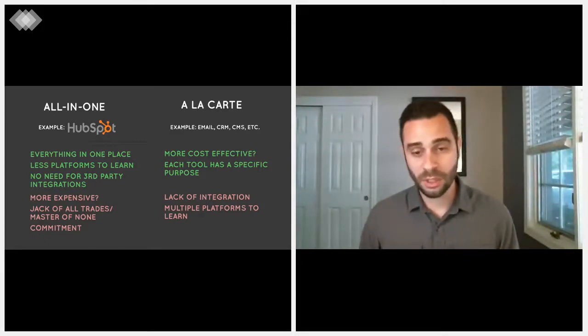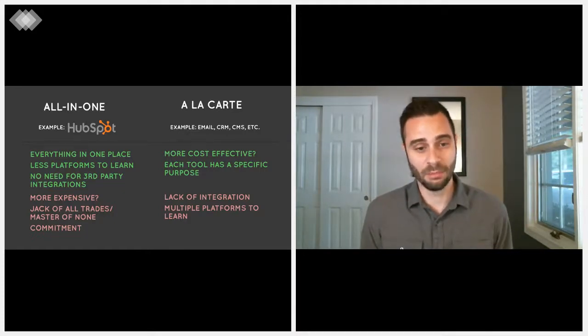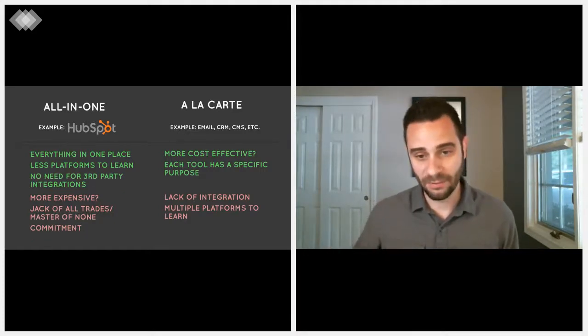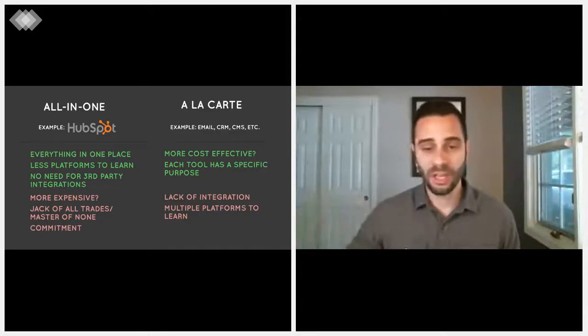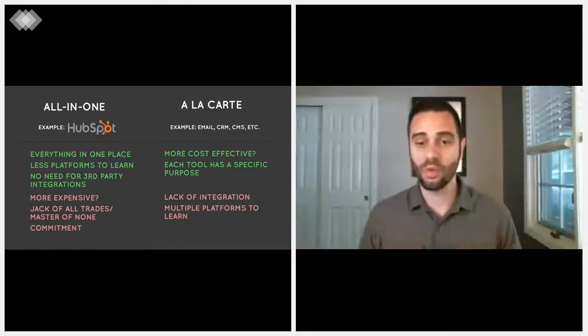The learning curve with some of these platforms can be long and tricky. And if you can have your individuals on your team learn one place, it may be more advantageous than having them learn 3, 4, 5 different platforms. And with an all-in-one platform, you don't really need any third-party integrators to connect to other things because everything is all in one ecosystem.